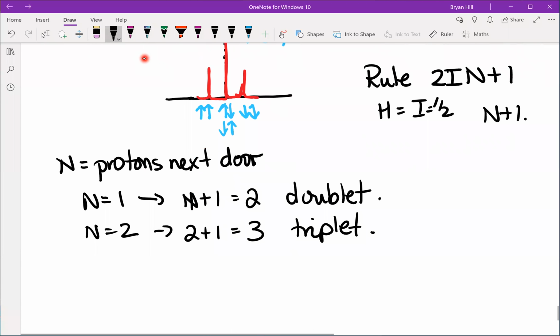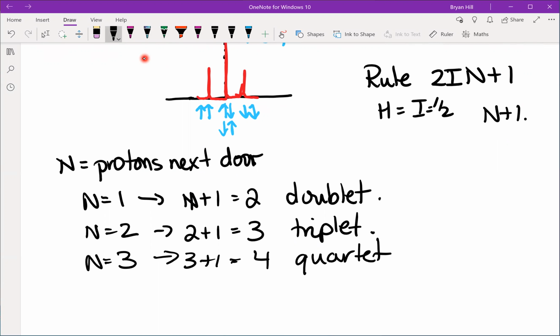And if you had n equals 3, 3 plus 1 equals 4, you would be a quartet. The ratio for the quartet is 1 to 3 to 3 to 1. There's one scenario where all 3 protons are aligned, one scenario where all 3 protons are opposed, 3 possible scenarios where 2 are aligned and 1 is opposed, and 3 possible scenarios where 2 are opposed and 1 is aligned.